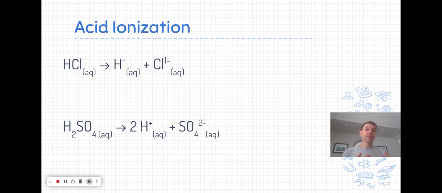Sulfuric acid is a diprotic acid, which refers to the fact that the unionized acid produces two hydrogen ions. In every one molecule of H2SO4, there are two hydrogens, and those two hydrogens are released when it dissolves in water.